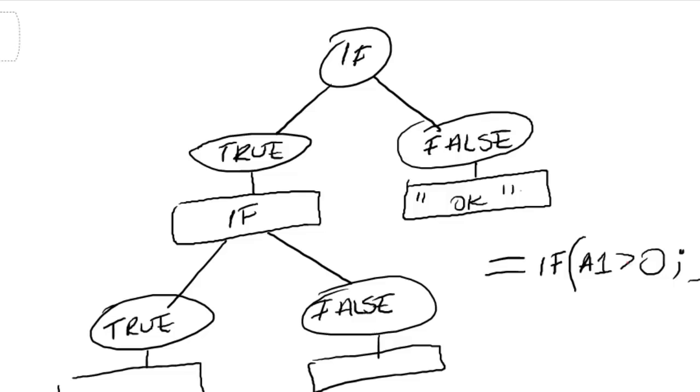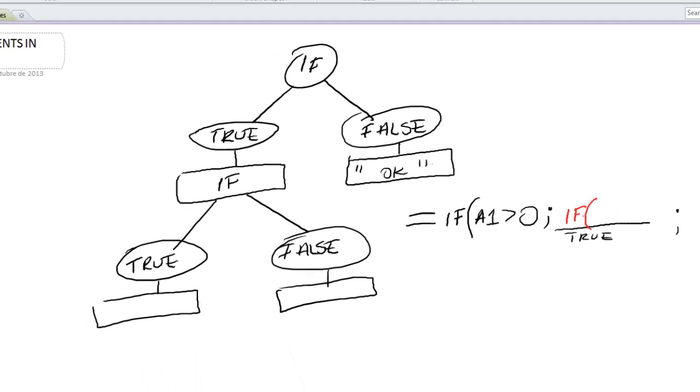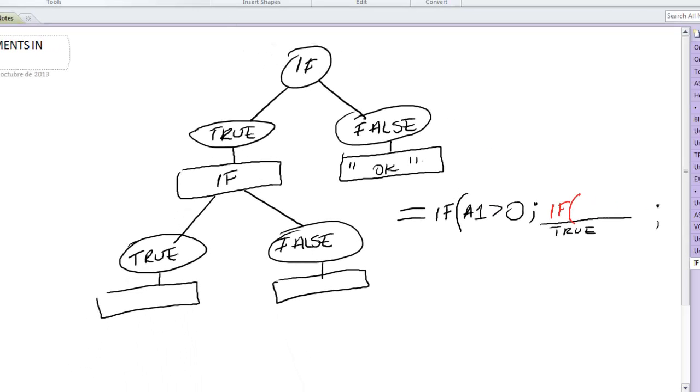So if this condition occurs, what if another condition occurs? And here I will have if B1 is also greater than 0, then, now here is the true condition for this if, okay?